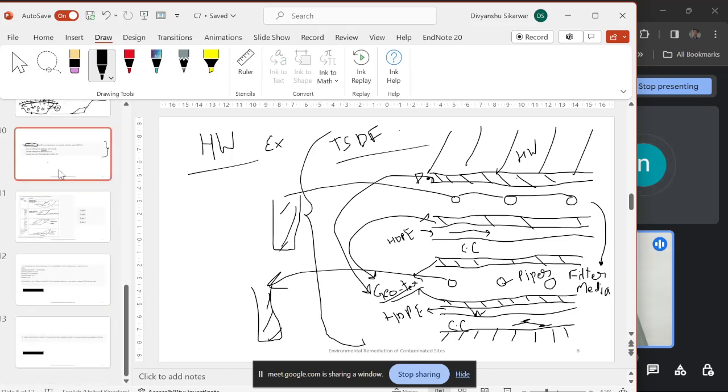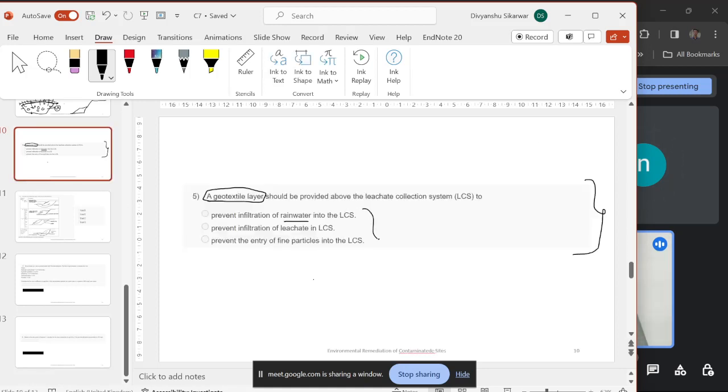So if we consider that, what will be the answer? Prevent infiltration, entry. Then the third option: prevent the entry of fine particles into it.